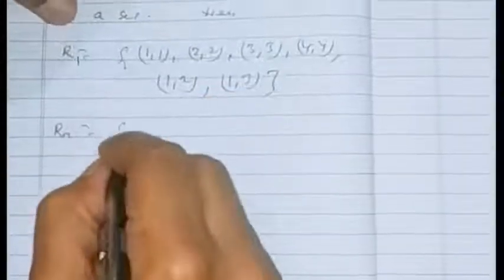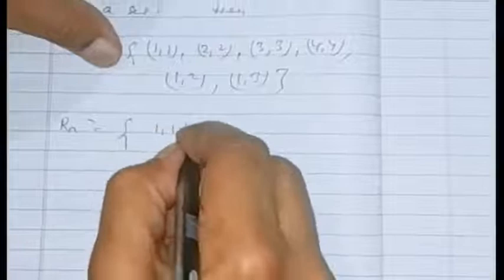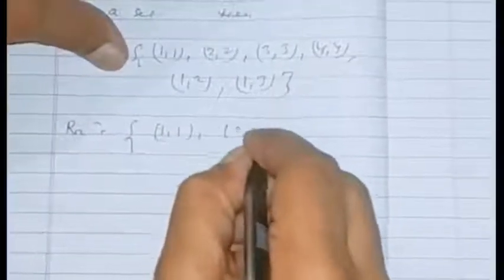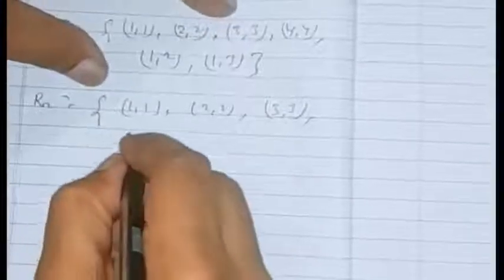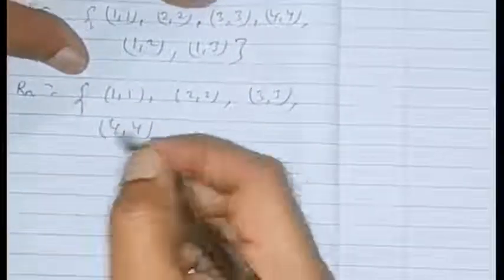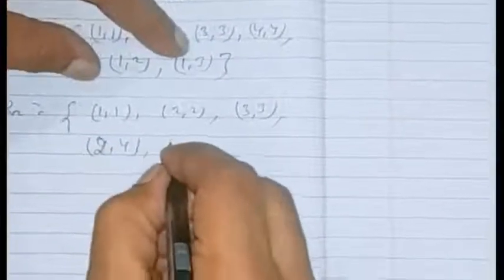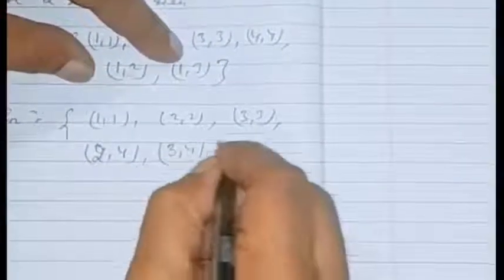And another relation R2 we establish here: (1,1), (2,2), (3,3), (4,4), and so on.